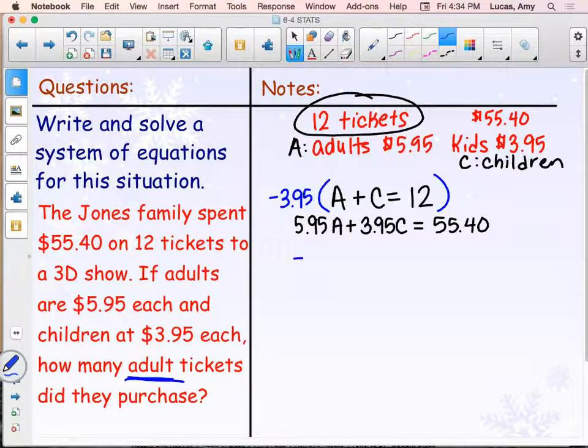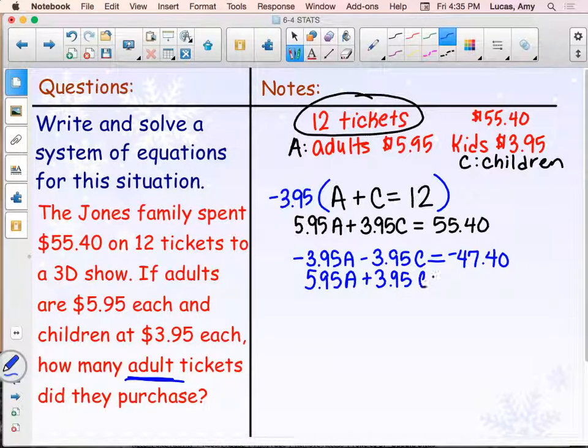So, my new system will have negative 3.95a minus 3.95c equals negative 3.95 times 12, which is negative 47.4. Okay, the other equation does not change. Keep it the same. And then add together the system.